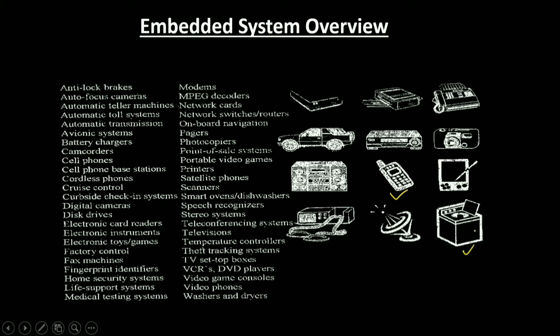Office automation. In office automation we can also see fax machines, printers and scanners. Business equipment we can also see, like cash registers, alarm systems, card readers.